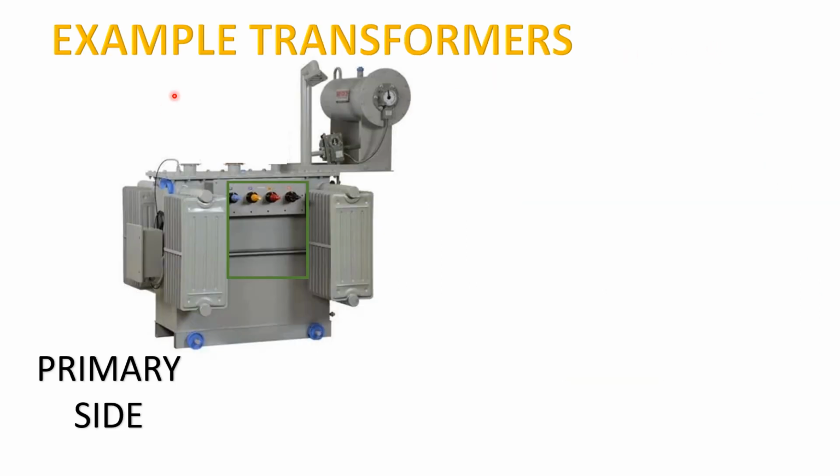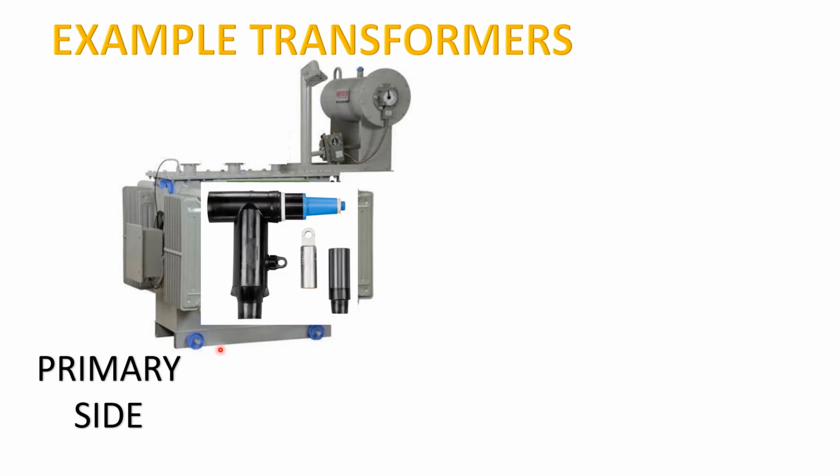So this is our example of a transformer, guys. This is our primary side, and in our primary side it depends on the requirements. This is a power transformer. You can see like this, there is a converter.